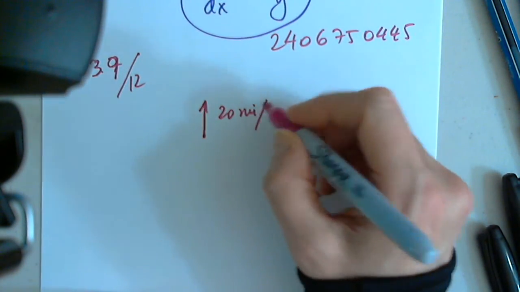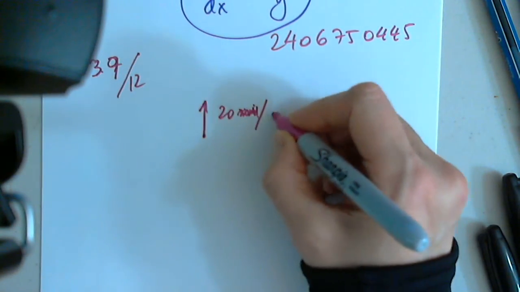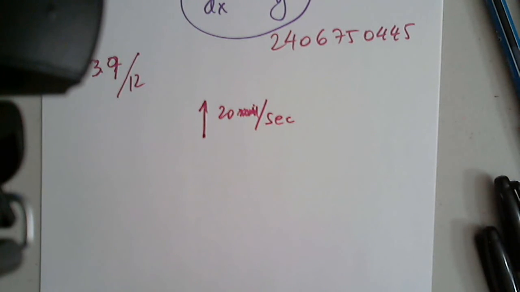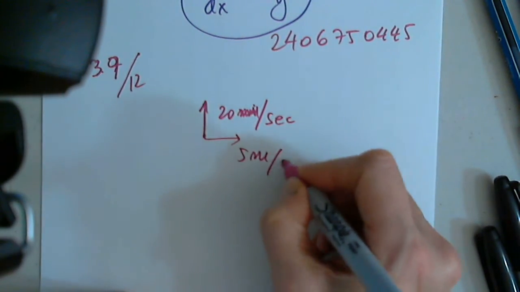Meters, yes, I see. It's a little blurry. Okay, so it's meters per second. And the drone is flying east at 5 meters per second. Okay, east, 5 meters per second.